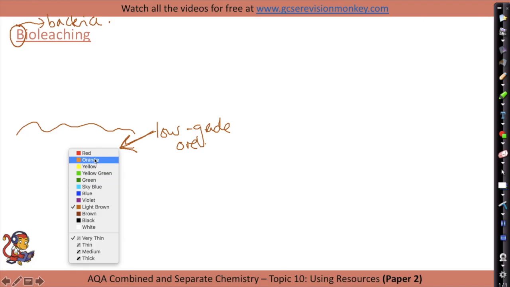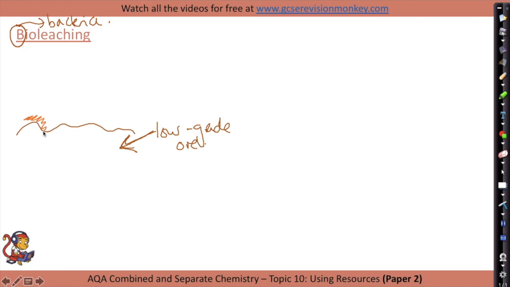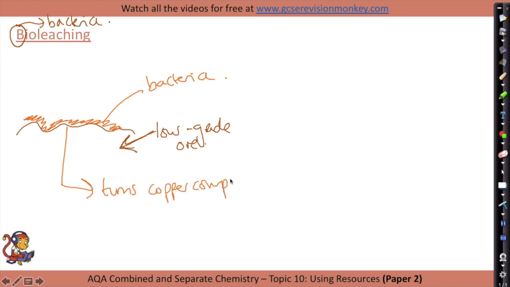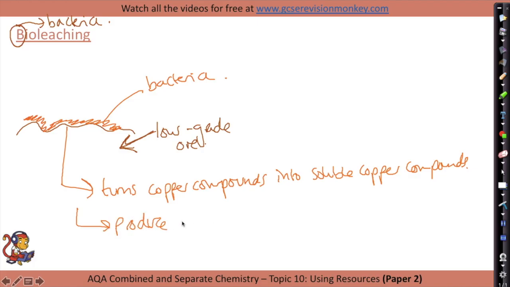What we can do is grow bacteria on the ore, and that bacteria turns the copper compounds into soluble copper compounds, and then the bacteria produce a liquid called a leachate, which contains those soluble copper compounds.